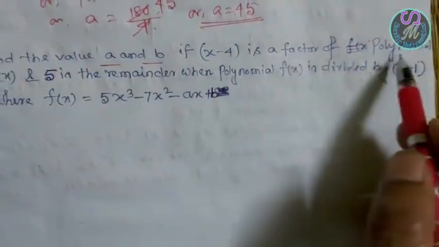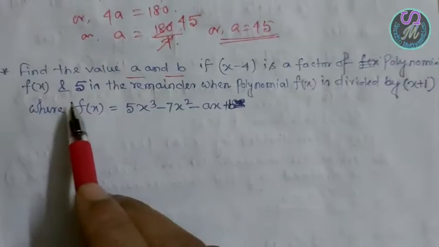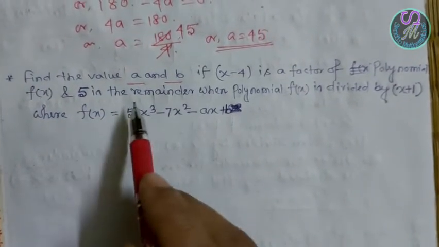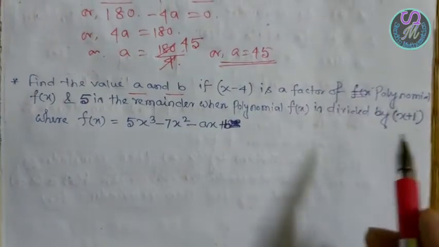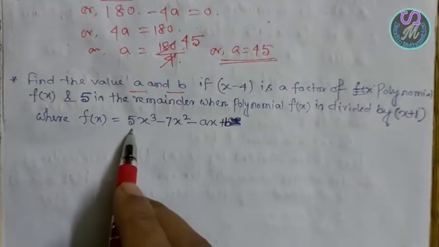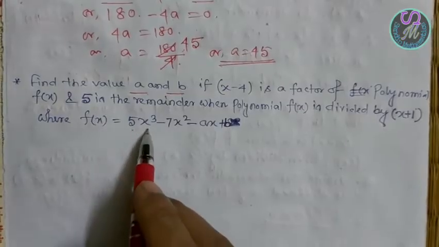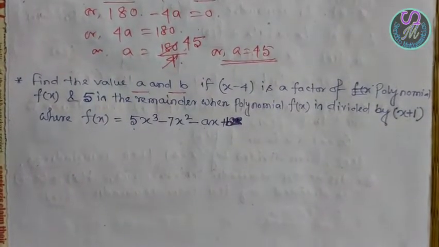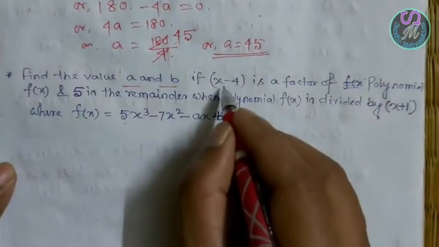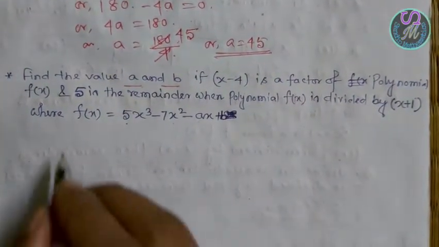If x minus 4 is the factor of the polynomial fx, here fx is not given till now, and 5 is the remainder when the polynomial fx is divided by x plus 1, and the polynomial is given here, fx equal to 5x cube minus 7x square minus ax plus b. So first condition is x minus 4 is the factor of fx.